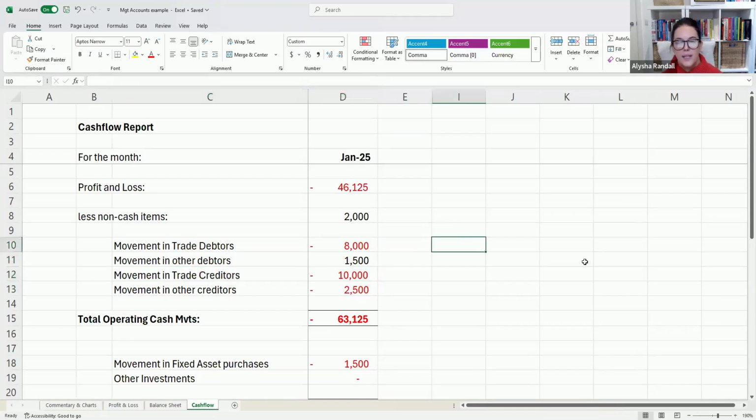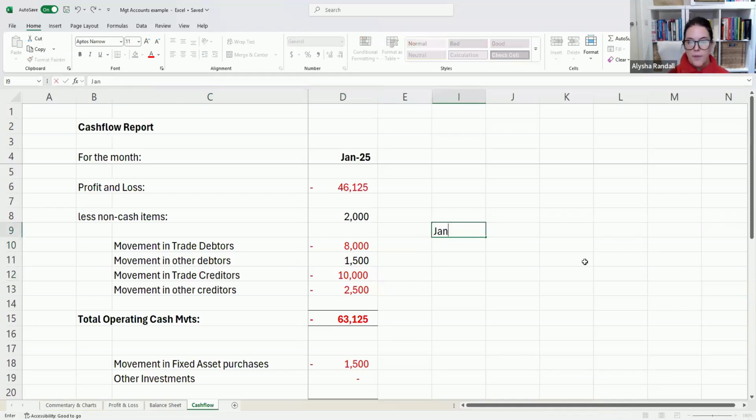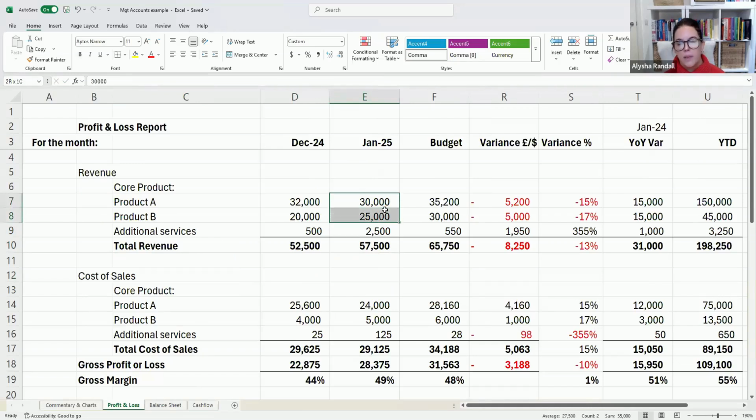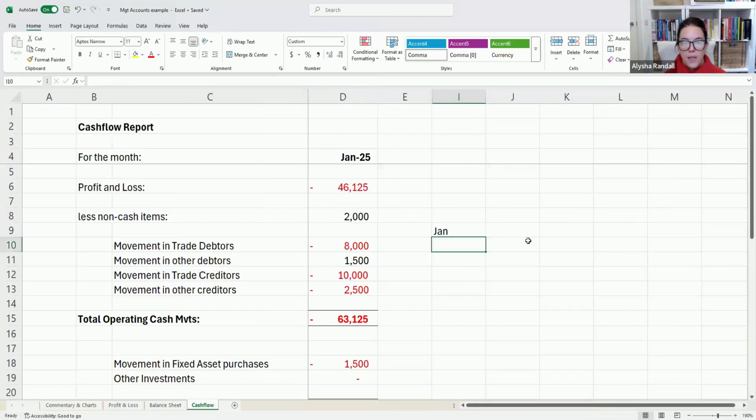So with your trade debtors, say in January, we raised invoices. Let's assume these two come in automatically and go straight into your bank account, so that might be the same. But for these two products, product A and product B, we actually have to raise an invoice. Those two together are 55,000. So in January, you invoiced 55,000.